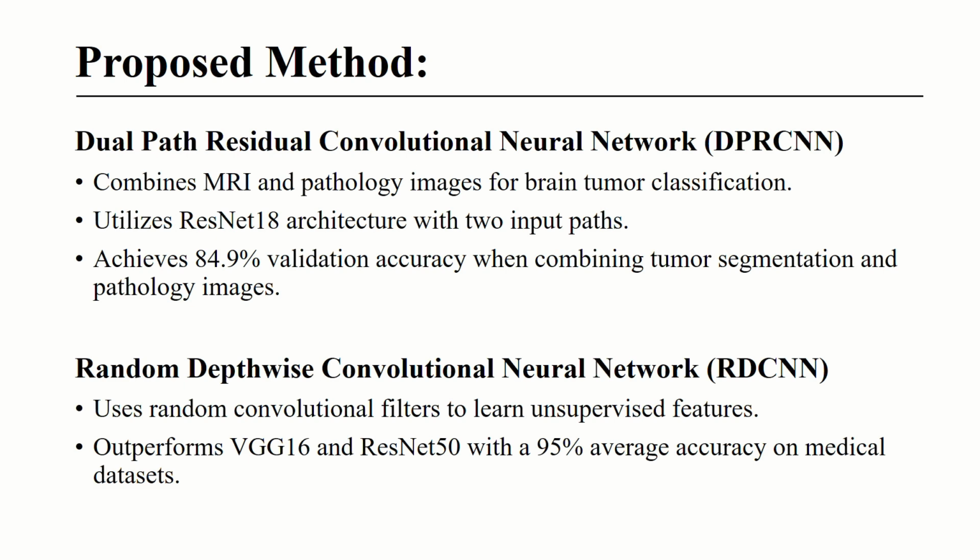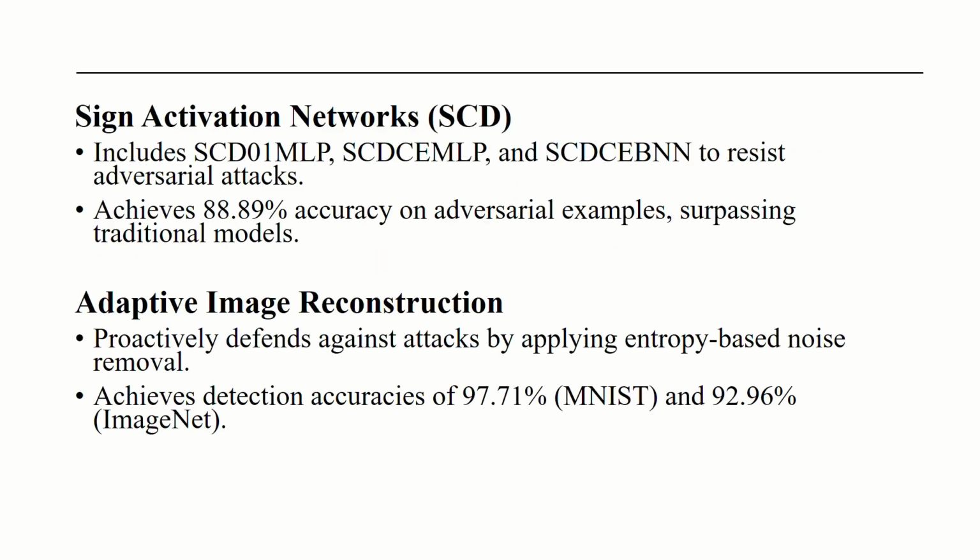Proposed method. To combat these attacks, we propose a robust multi-model approach. Our framework consists of three key techniques: first, dual path residual CNN or DPRCNN; second, random depth-wise CNN, which is RDCNN; and sign activation networks (SCD).